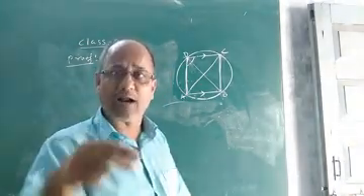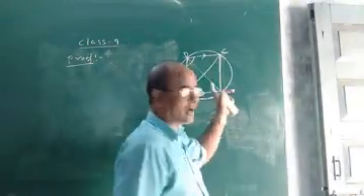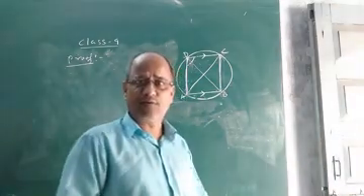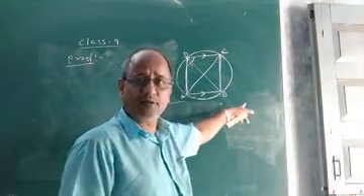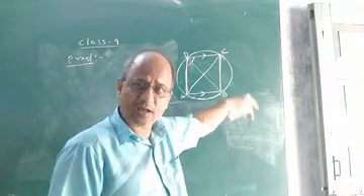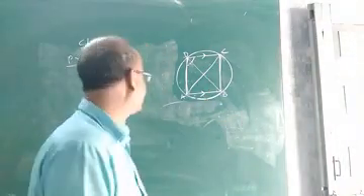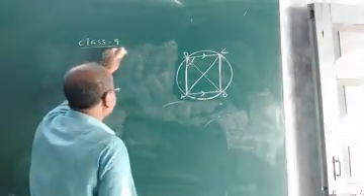How to prove? And another thing, the two diagonals of a cyclic trapezium are also equal. How to prove? What will be the statement?